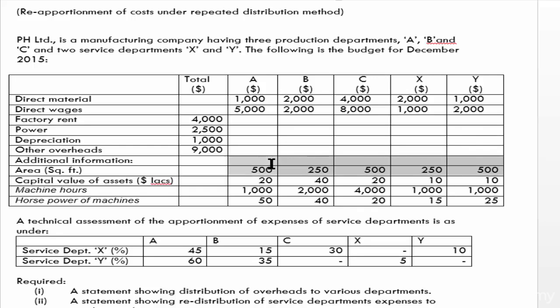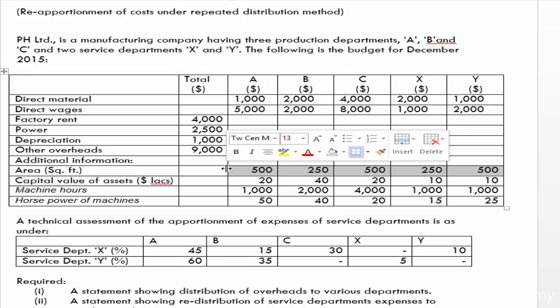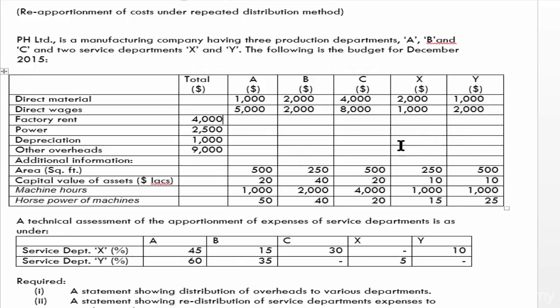So altogether you have 2000 square feet, and for this 2000 square feet $4,000 has been spent. So how much is for department A? 2000 square feet for $4,000, then for 500 square feet that's going to be $1,000. In that way we can apportion the factory rent cost based on the square feet.